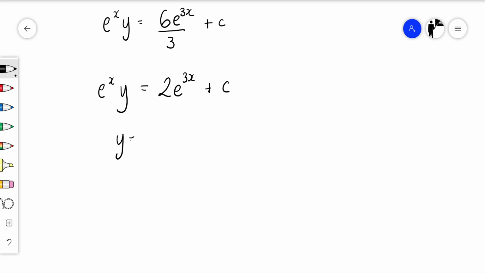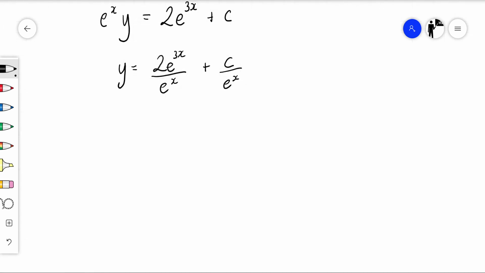So I'll divide throughout by e to the x. I'll write it out like this to start off with; you could probably skip this line. Plus c over e to the x. And here we've got a power divided by a power, so we can subtract. So we've got 3x take away x, which is going to be 2x. That's going to be 2e to the 2x plus c over e to the power x.